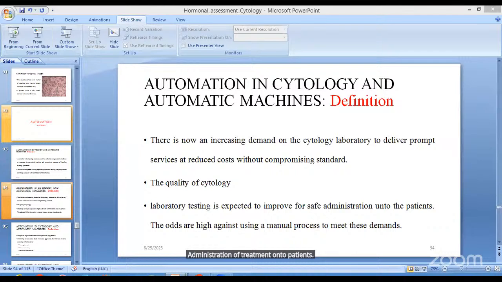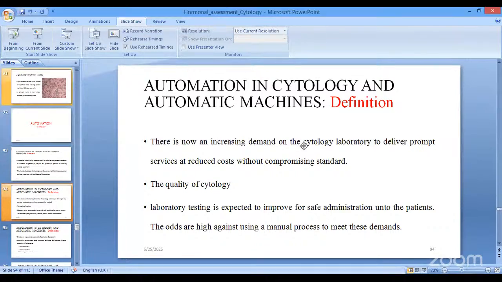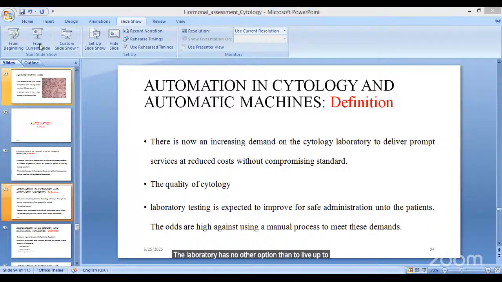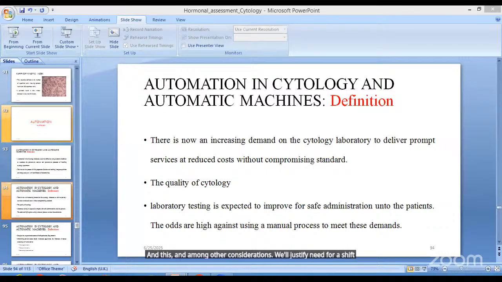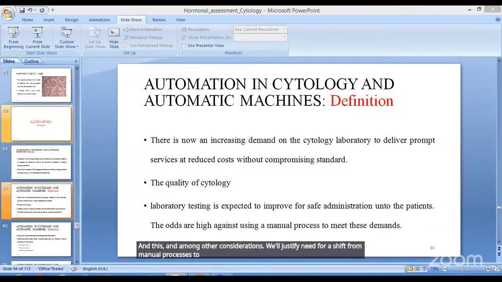So with this, the laboratory has no other option than to live up to these expectations. And this, among other considerations, will justify the need for a shift from manual processes to automated processes.